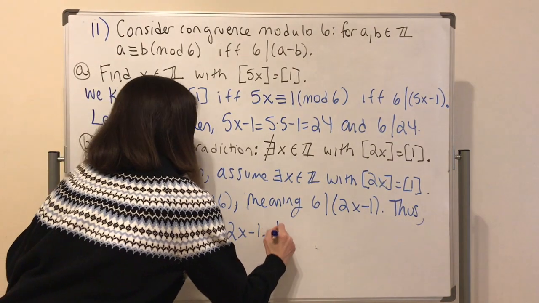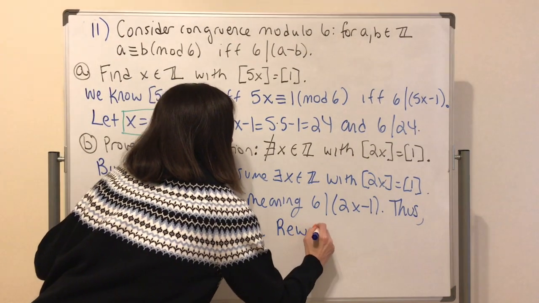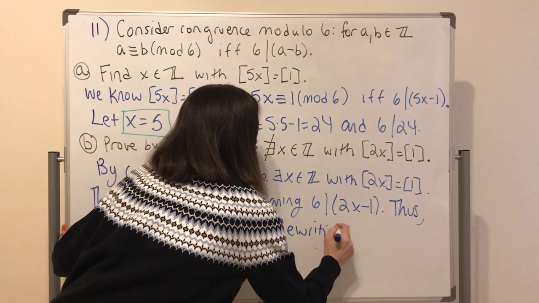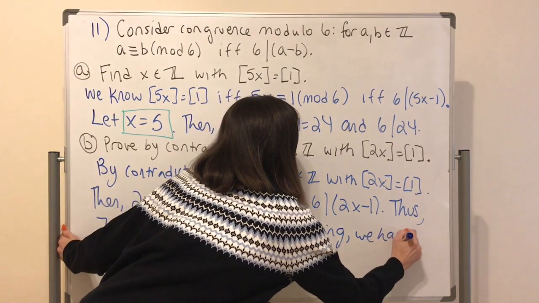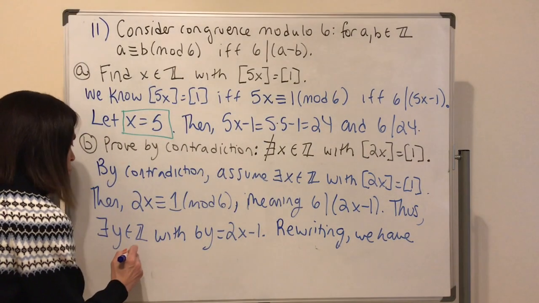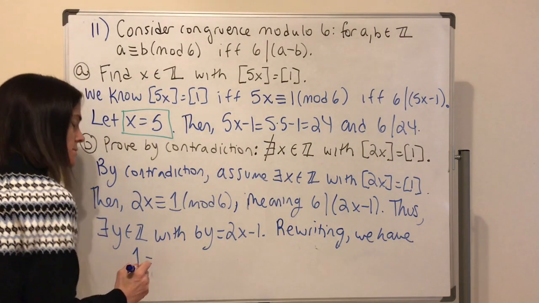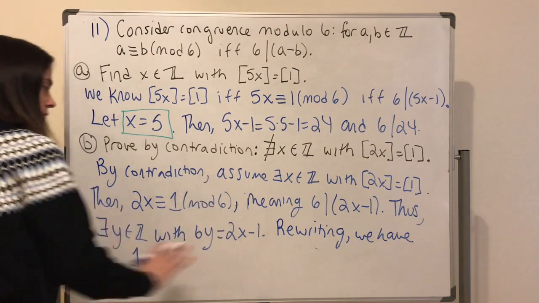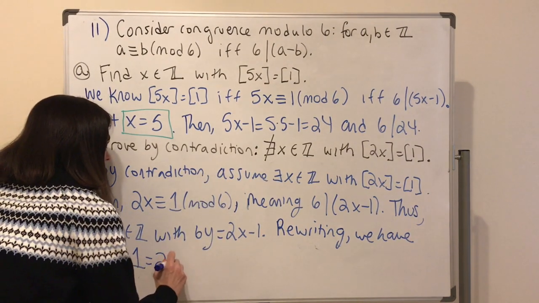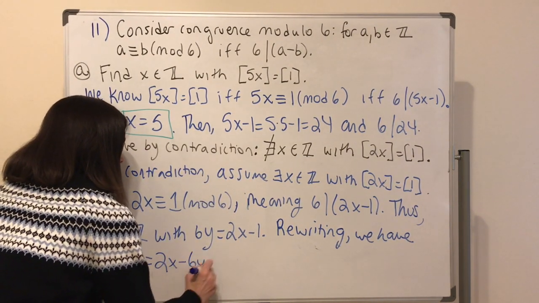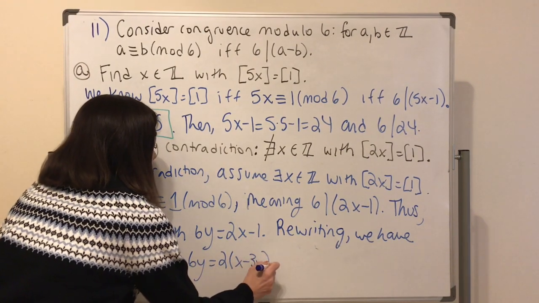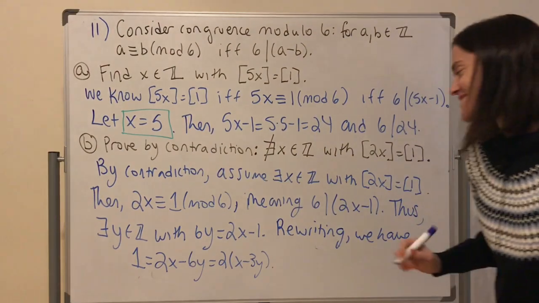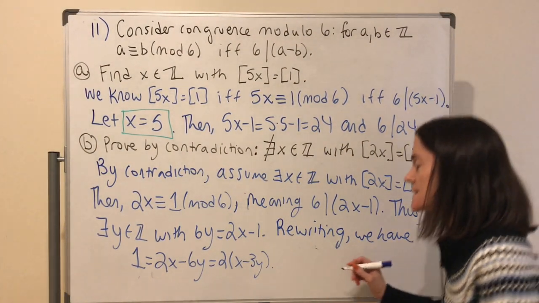So rewriting, we have that 1 equals 2x minus 6y. And now we factor out a 2. Okay, we are almost at our contradiction, because look, what does this say?